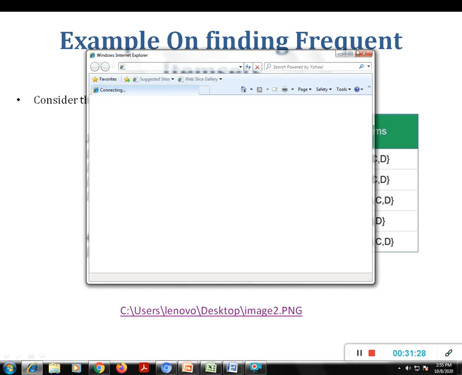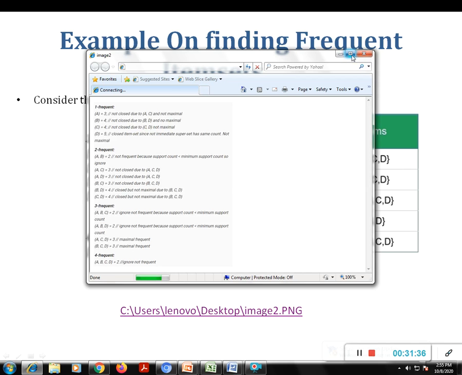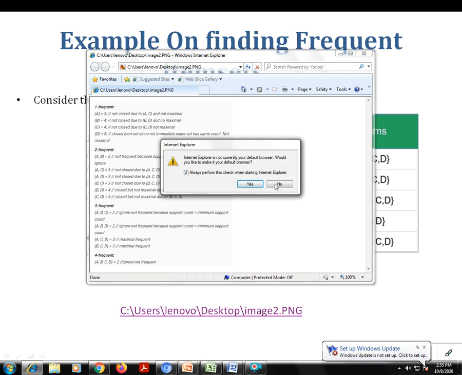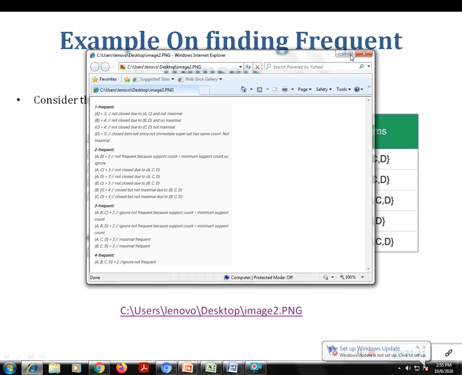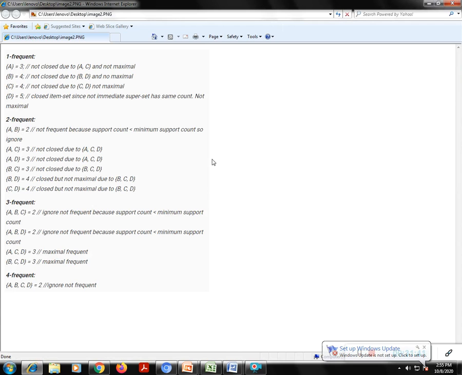According to what I have found out, 1 frequent, 2 frequent and likewise, whatever we have calculated, now we will check whether they are closed or not.